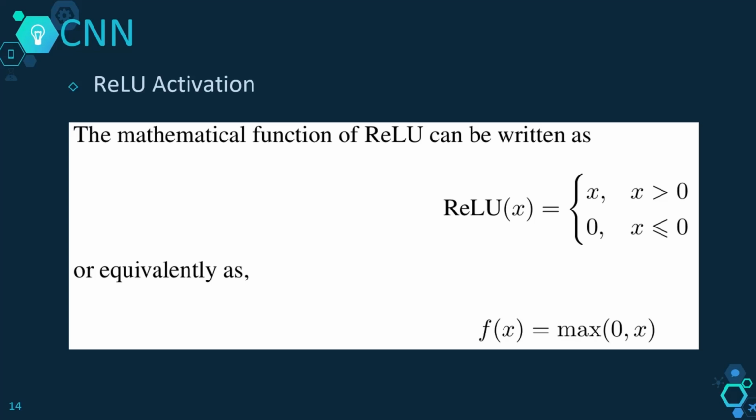Here it looks linear, but there's one bend here that gives us the nonlinearity that we want. At the same time, you are not squashing the data into the saturation area, so that will help us to address the gradient vanishing problem. Or in another way, we can write this ReLU function as this.